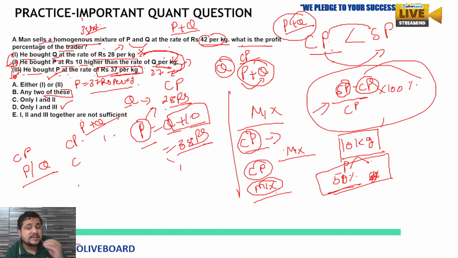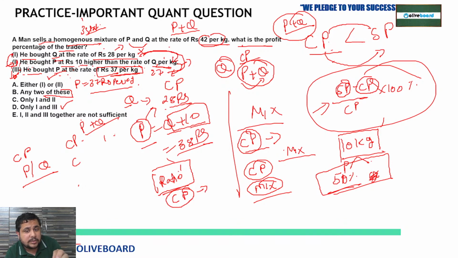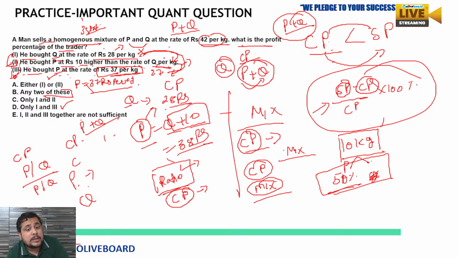At least we must know the ratio of their mixture so that we can decide the cost price depending on their quantity ratio, but it is not given. So even by the help of all these, we know the cost price of P and the cost price of Q, but we are unable to find the quantity which we require.